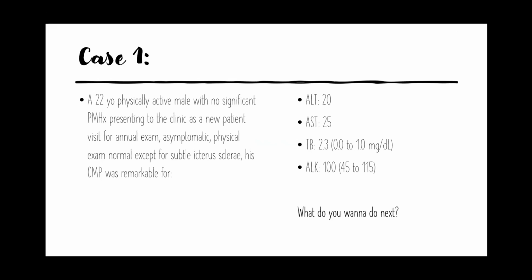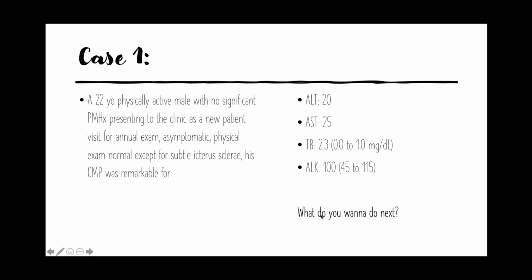22-year-old physically active male, no significant past medical history, presents as a new patient in clinic for annual exam, asymptomatic, normal exam except jaundice, and CMP remarkable for ALT of 20, AST 25, total bilirubin 2.3, ALK of 100.